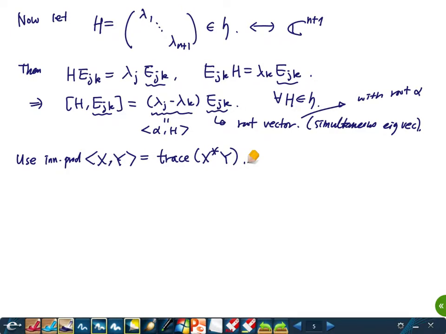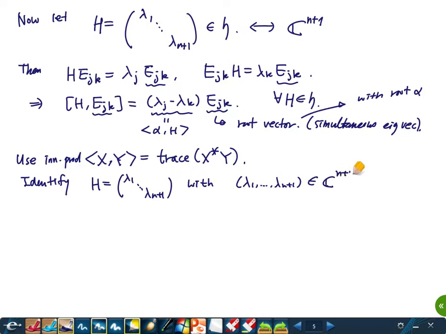And then identify H with x1, ..., xn+1 with this vector, lambda 1, ..., lambda n+1, in this obvious identification, one to one, clearly.